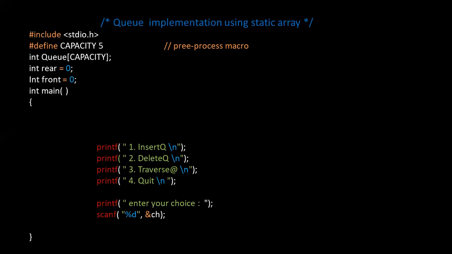Here ch is the variable of type integer and we are passing its address, so into the address of ch we are storing the choice value. So here we have to declare the variable, int ch. All these things print on the console. Then among all these options we will select one, say 1, 2, 3 or 4.